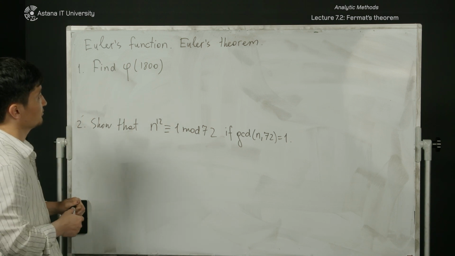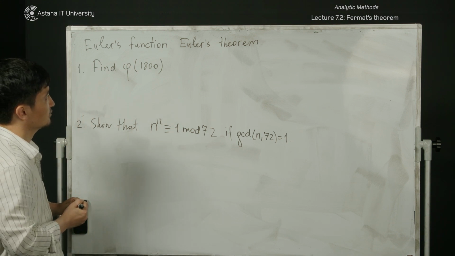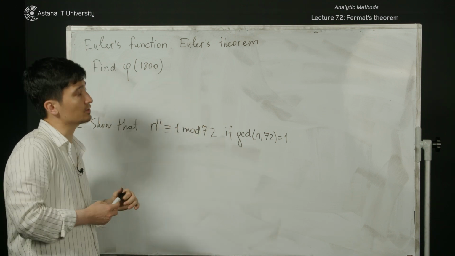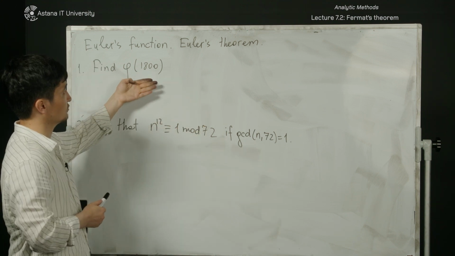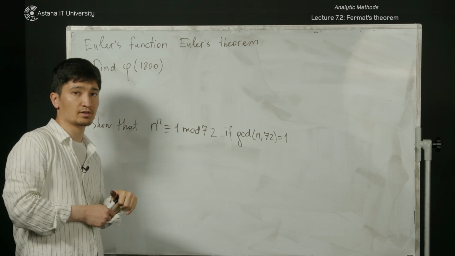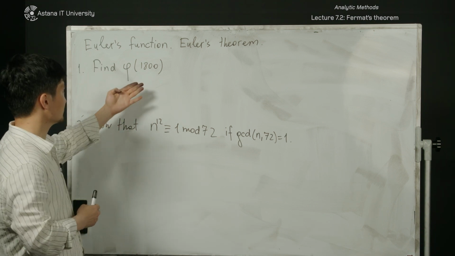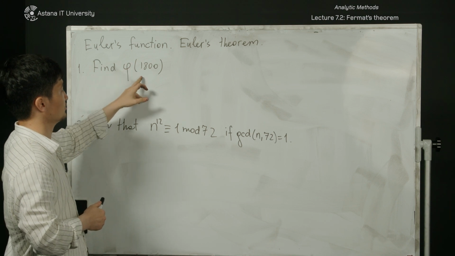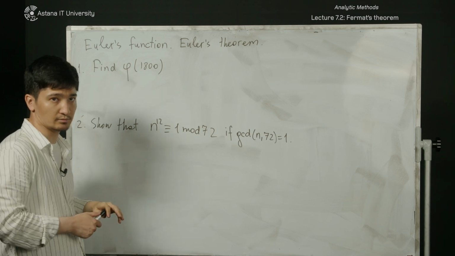Now you have a couple of properties and theorems regarding Euler's function and how to find its value. Let's consider this problem. Find the value of phi, Euler's function, for 1800.